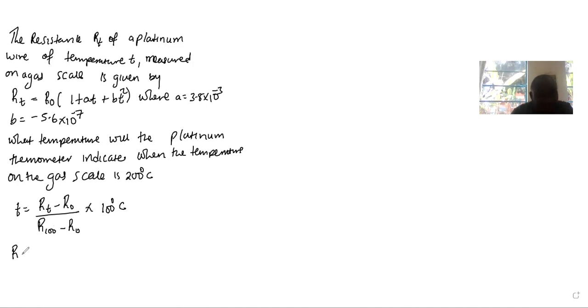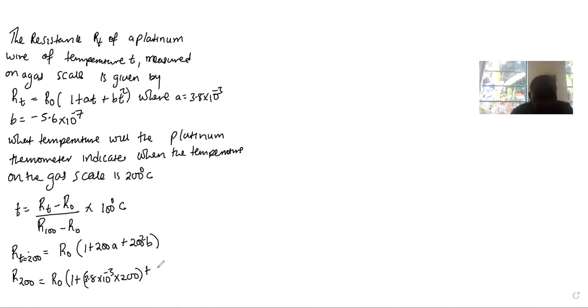The resistance at unknown temperature is the resistance when we have temperature equal to 200, which can be got from R naught into brackets 1 plus 200 A plus 200 squared of B. So you'll have R at 200 as R naught into 1 plus 3.8 times 10 power negative 3 times 200, then plus 200 squared, which gives us 40,000, times B, which is negative 5.6 times 10 to the power negative 7.